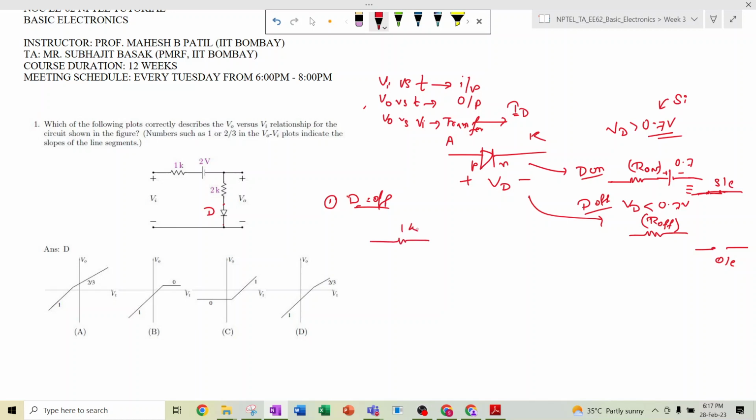So 1 kilo ohm, and then there is 2 volt, and this resistance, and this diode is off, that means open circuit.